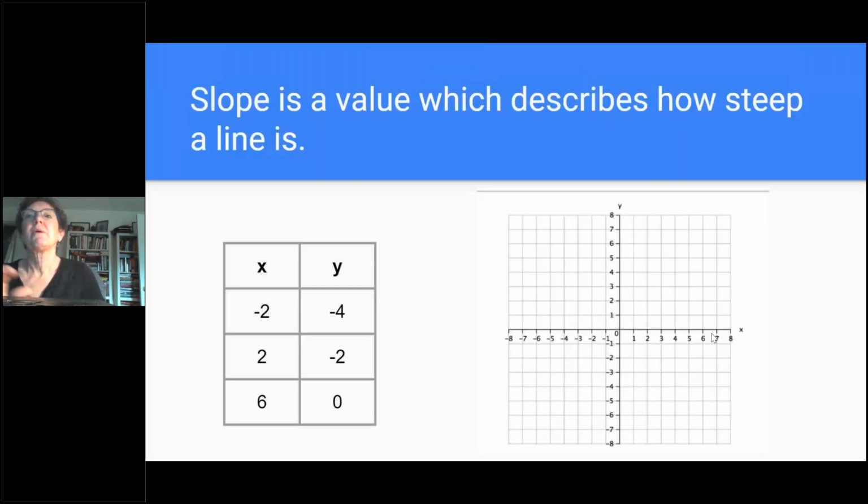So what is slope? Slope is the value in an equation which tells you how steep a line is.